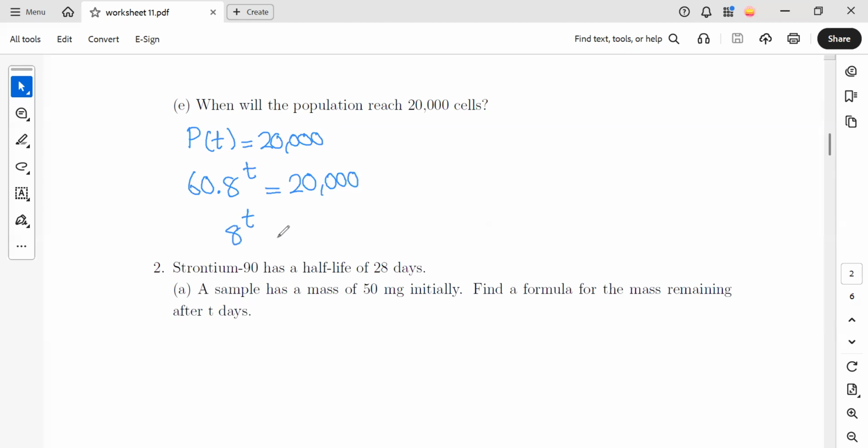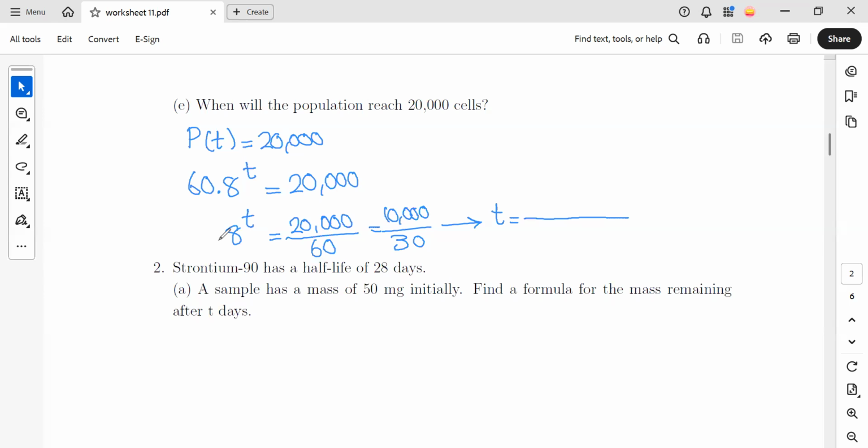First, we would isolate the part of the equation that has t. So we're going to say 8 to the power t is 20,000 divided by 60, which means 10,000 over 30 if we simplify. Now, the function that gives us the exponent is log or ln, depending on whatever we have. So in here, for finding t, I can use log of this number with base 8.